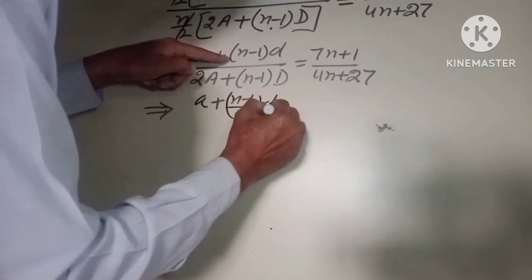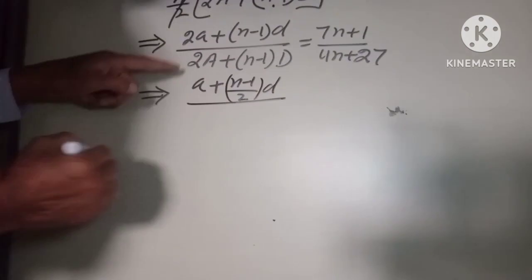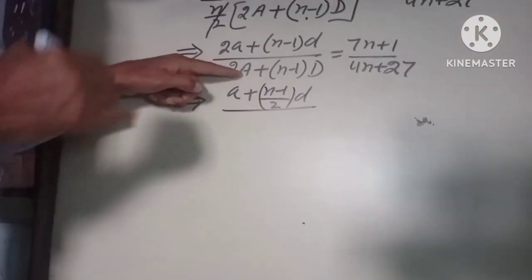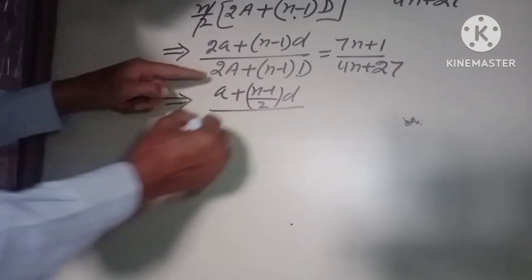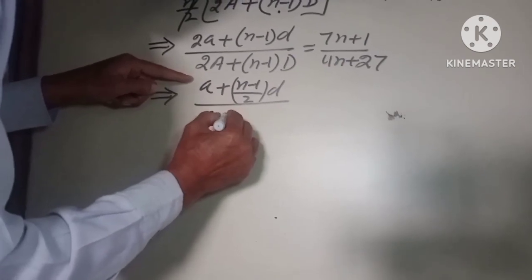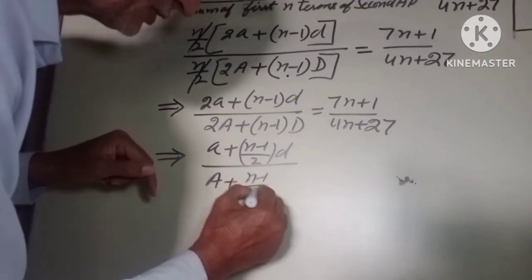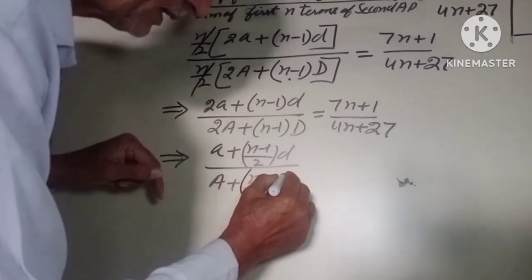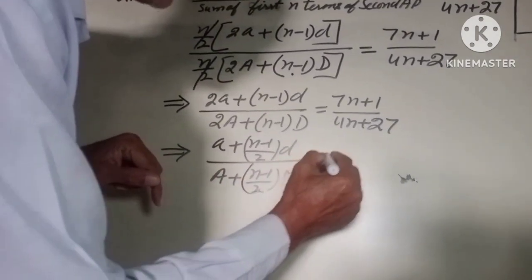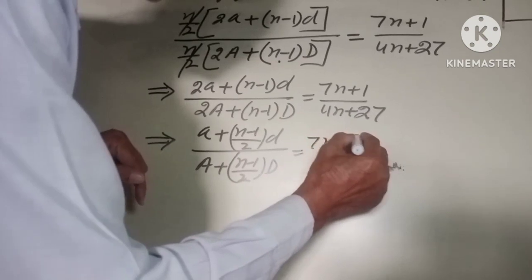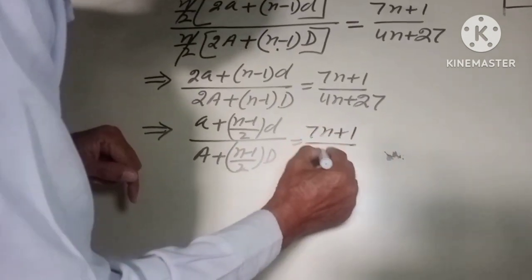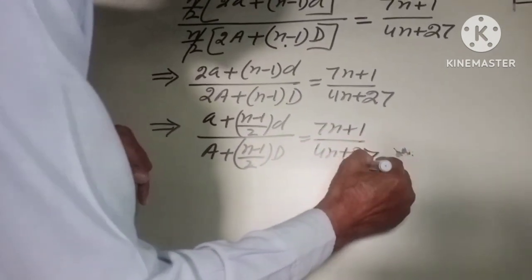Similarly, here when you divide 2A upon 2, you have A plus n minus 1 upon 2 D is equal to 7n plus 1 upon 4n plus 27.